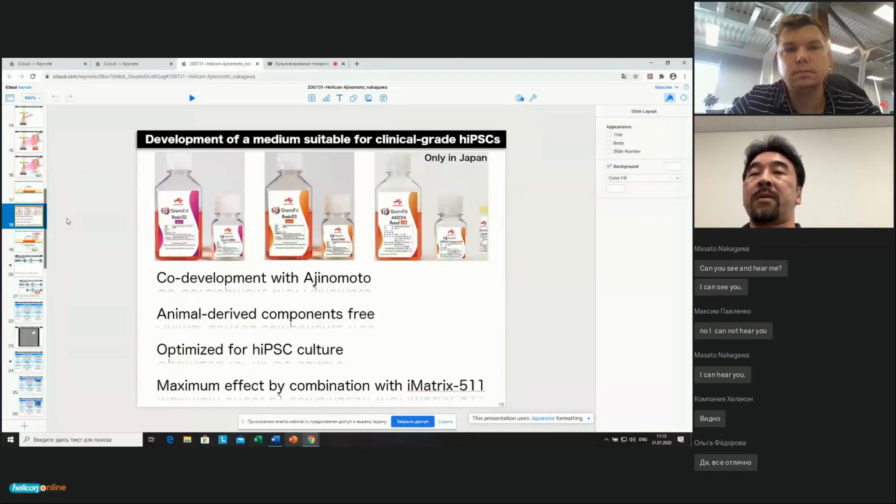This medium was co-developed with Ajinomoto company and Kyoto University. StemFit does not contain animal-derived components and is optimized for human iPS culture, also human ES cell culture. StemFit shows a maximum effect in cell culture in combination with iMatrix-511 coating materials.